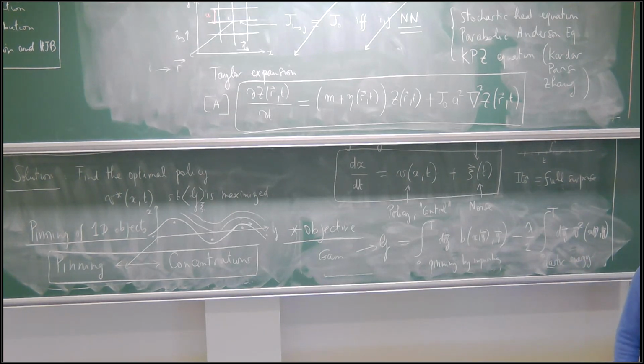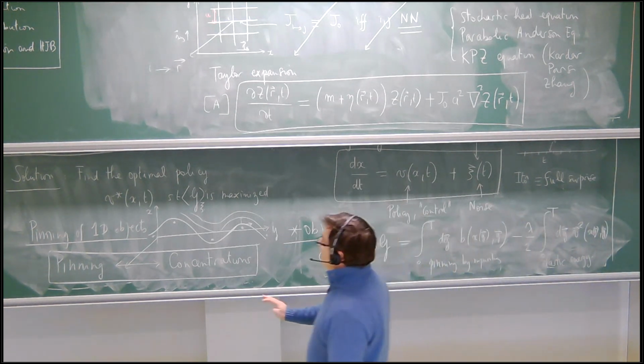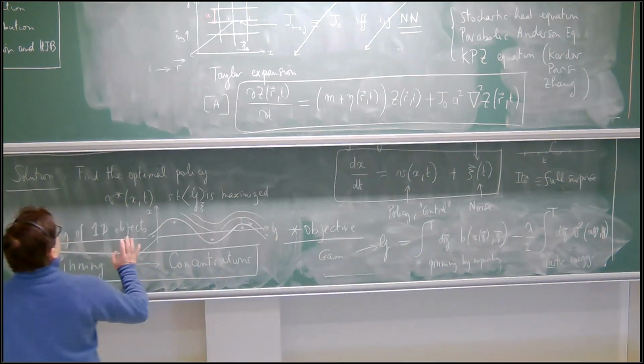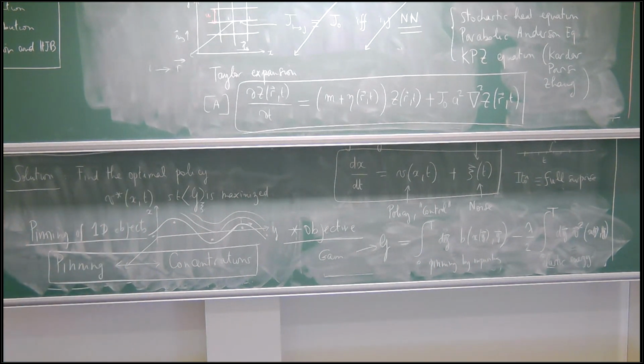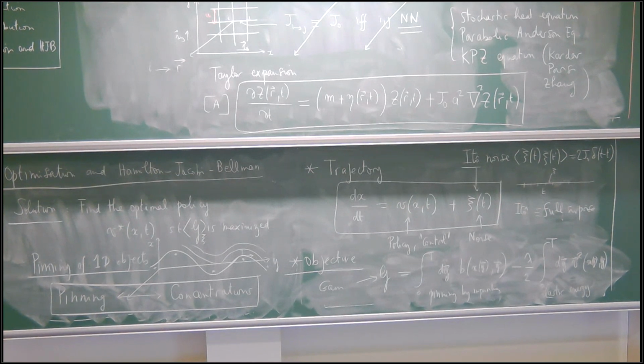I'm going to give it to Valentina tonight, and it's going to cover everything that I've talked about on redistribution. It won't cover this part on Hamilton, Jacobi, Bellman, because I haven't had time yet to write everything up. But I can certainly give you references to all these problems. Sure. Okay, thank you.